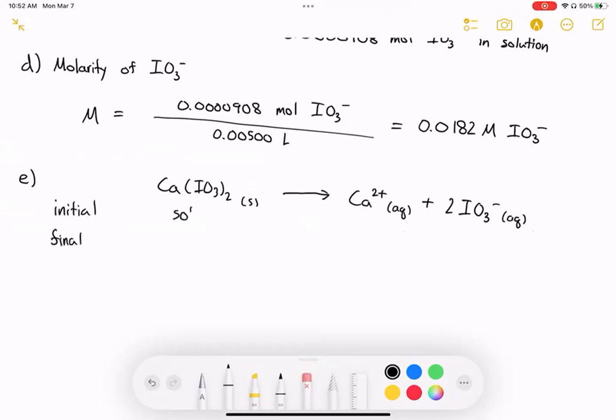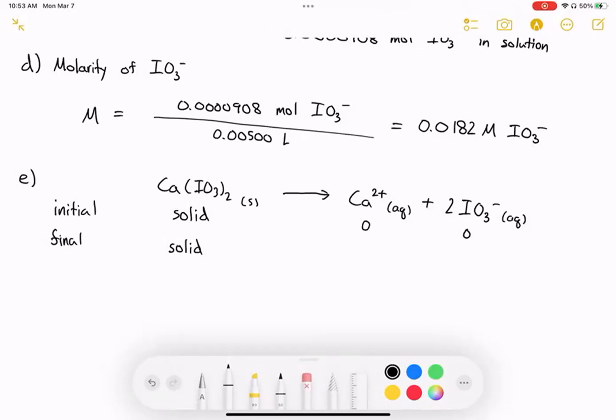Calcium iodate will remain a solid, and this calcium iodate will also be a solid. So only some of it will get into solution, right? So the solids were in the bottle. We need to find out how much of it was in the ion form. So for calcium, it's 0 as we start out the reaction.